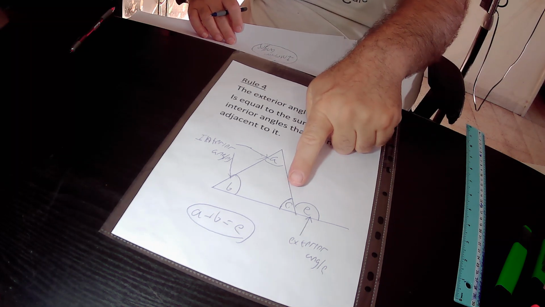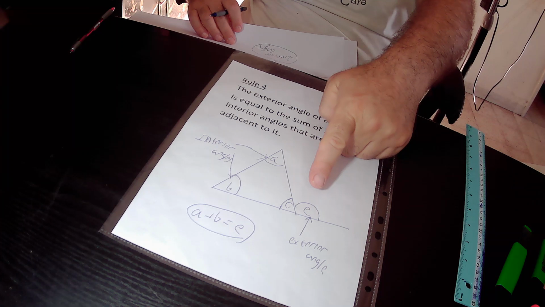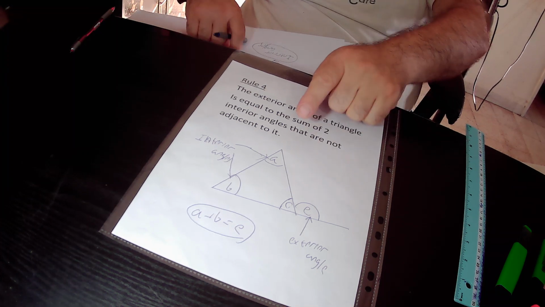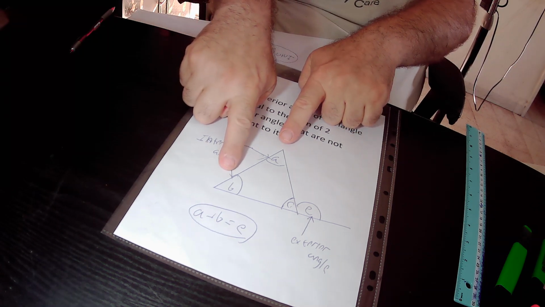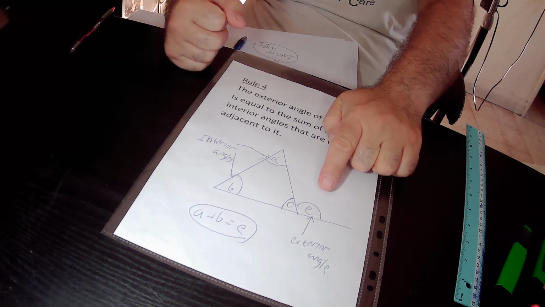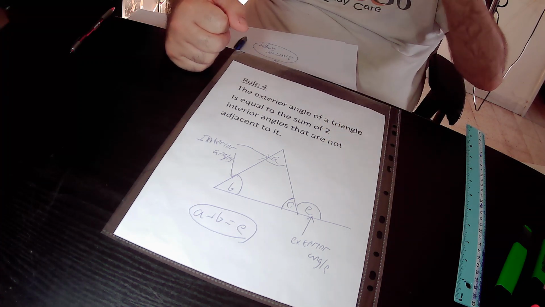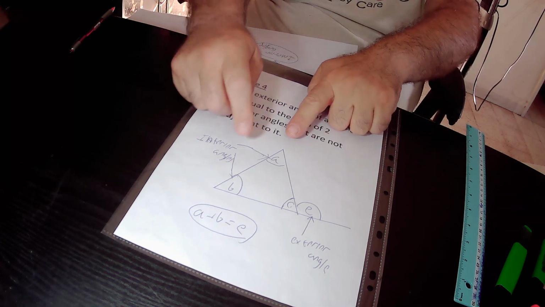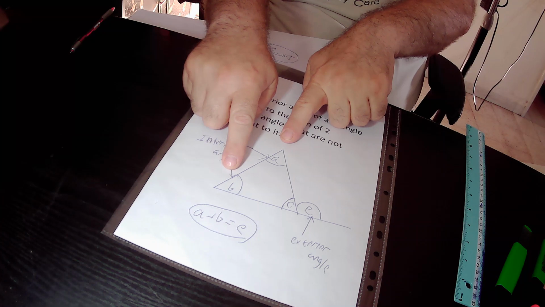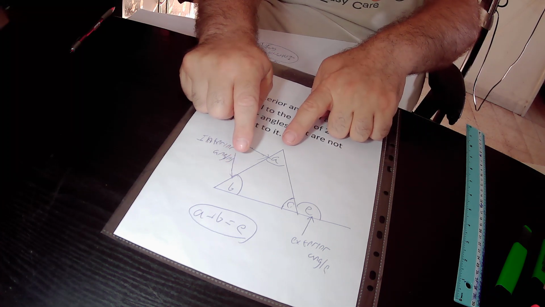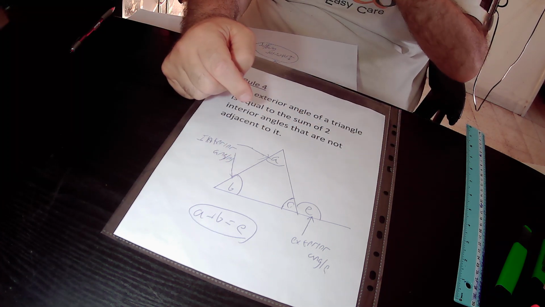This is angle C that is definitely adjacent to angle E. The two other angles that are not adjacent to this angle E are those two angles, A and B. That is to say, the size of angle E is equal to A plus B, because A and B are the two interior angles that are not adjacent to angle E. So the size of the exterior angle E is equal to A plus B, according to this rule 4.